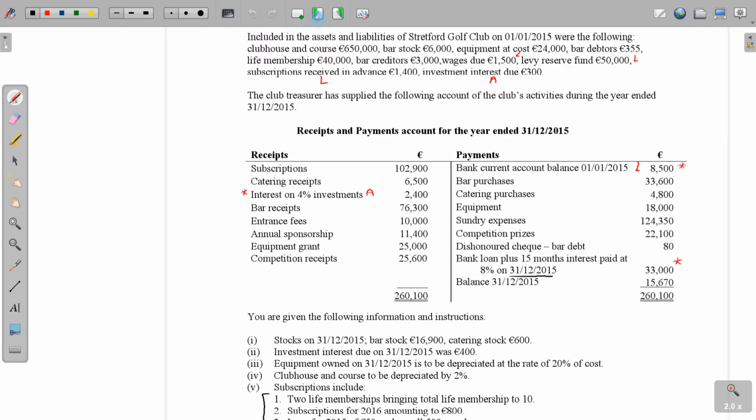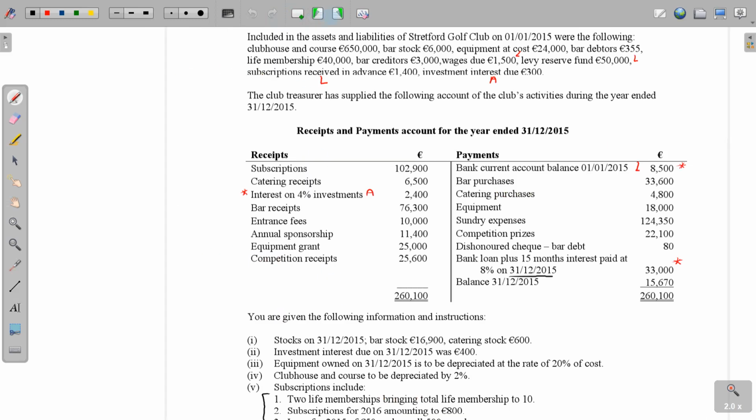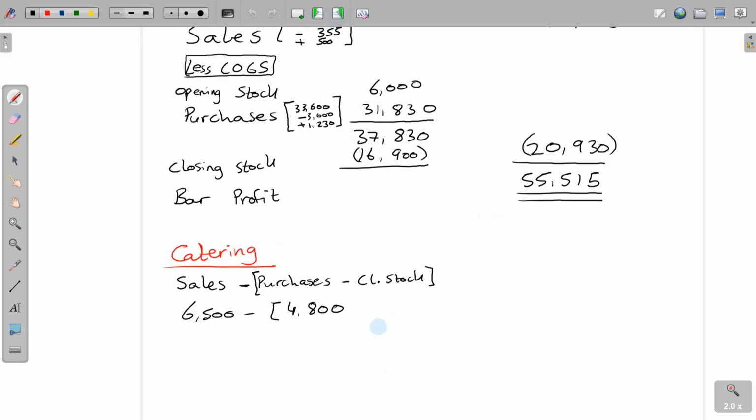So we have sales 6,548. So 6,500 minus 4,800. The closing stock for catering is 600. So essentially 6,500 minus 4,200 is profit of 2,300. So that's obviously an income. So they're both income figures.